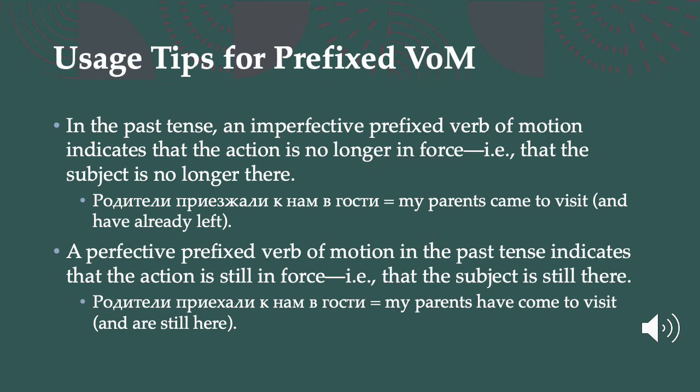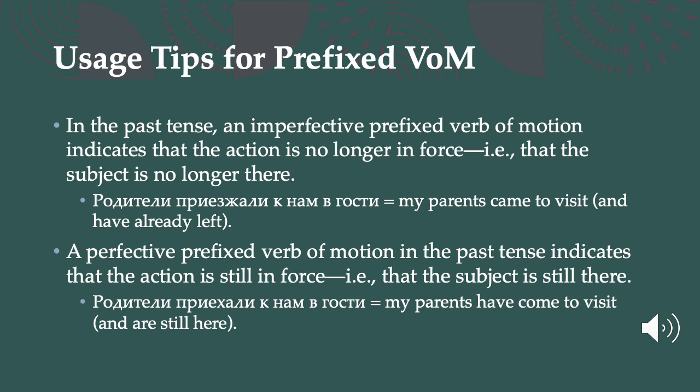Versus a perfective prefixed verb of motion, which means that the action is still in force, that the subject is still there. They haven't left wherever they went to. So if we say родители приехали к нам в гости, it means my parents have come to visit and they are still here.